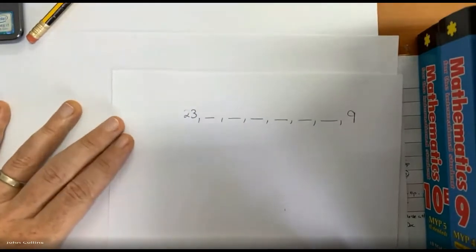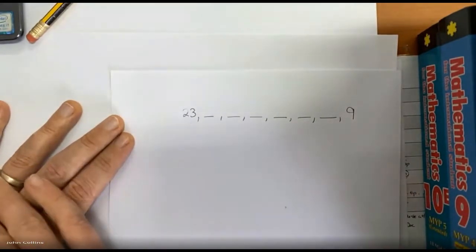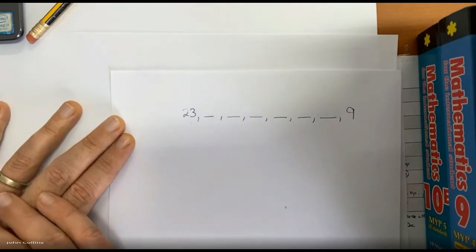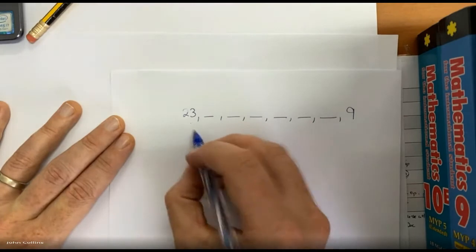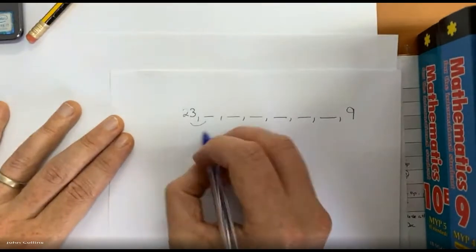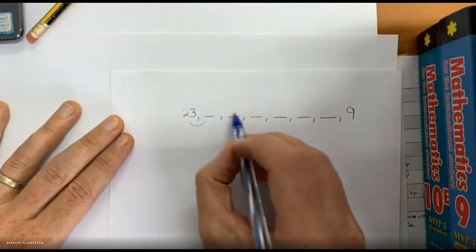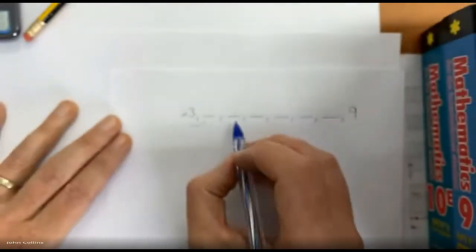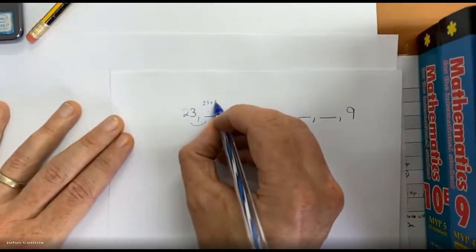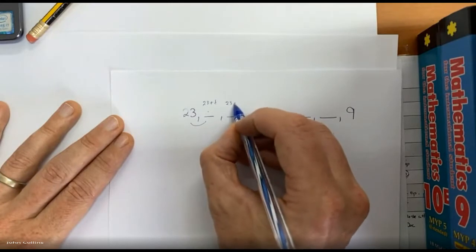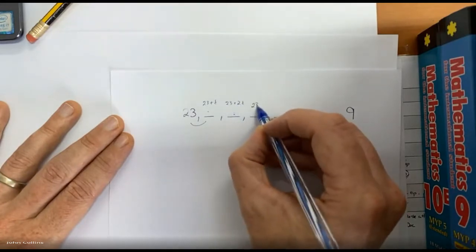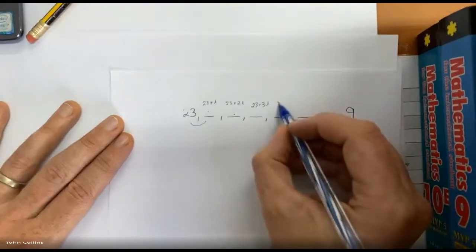That's what the question says. So 23 plus 1 difference is going to give this number, plus 2 differences is going to give that number. So it's going to be 23 plus a difference, 23 plus 2 differences, 23 plus 3 differences.